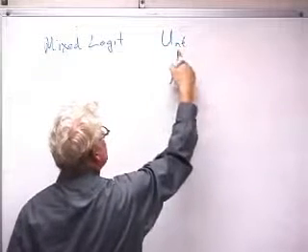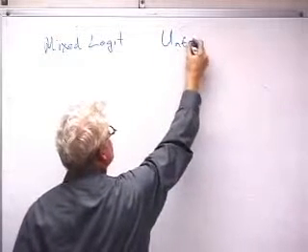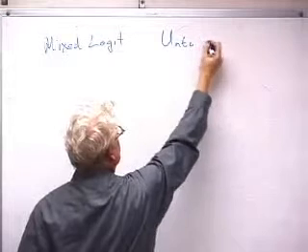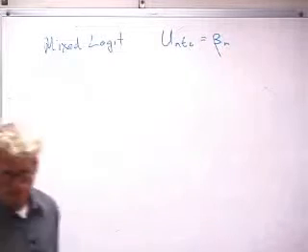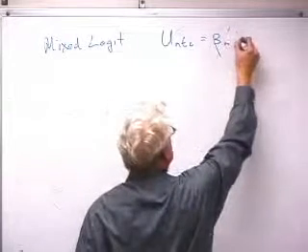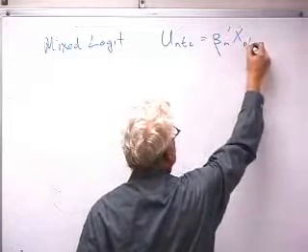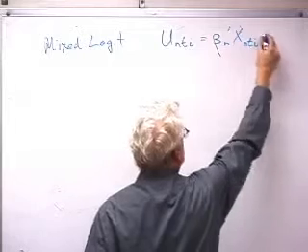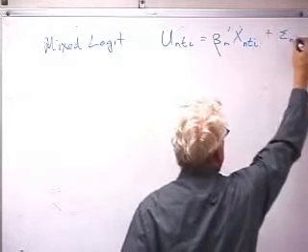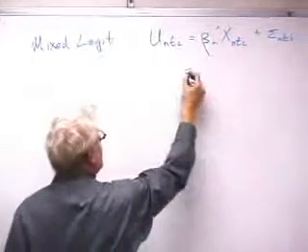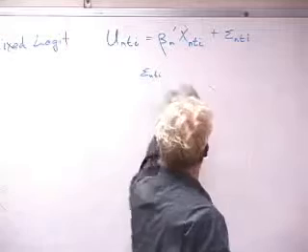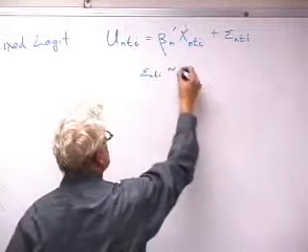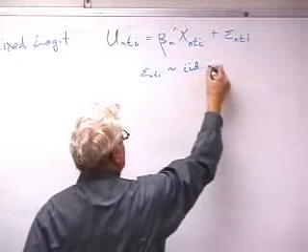The utility that person n gets in choice period t from alternative i depends on parameters that are specific to that person, times data relating to that person in that choice situation for that alternative, plus an error term. And what we're assuming here is that the error terms, the epsilons, are IID extreme value.